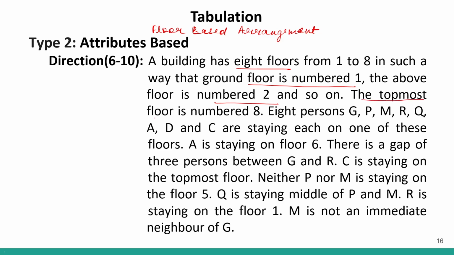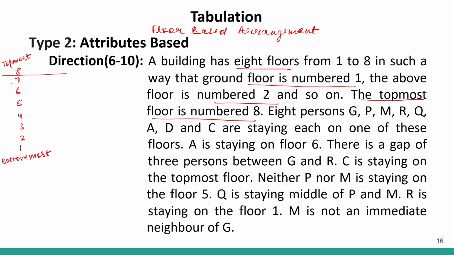So the topmost floor is numbered 8. So let me write 1, 2, 3, 4, 5, 6, 7, 8. This is the arrangement. 8 is the topmost floor, correct? And 1 is the bottommost floor, correct?